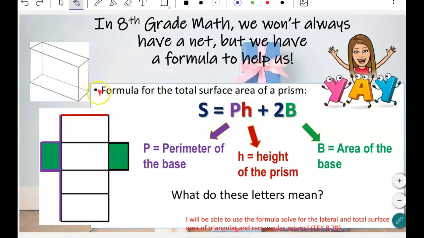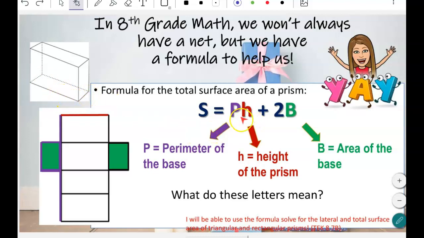So we've got this rectangular prism. For this formula, the P is the perimeter of the base. So imagine this box sitting on this base. So you would find the perimeter, which is the distance around it, adding all four sides together, or twice the length plus twice the width is perimeter.